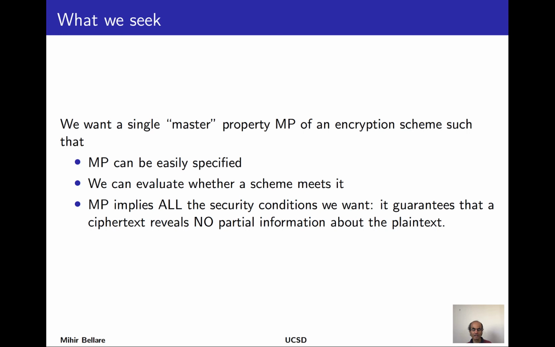We saw on the last slide that you could consider a whole host of attributes that you'd like a secure encryption scheme to have. But that kind of list, just as we saw for PRFs, is not going to make a definition.